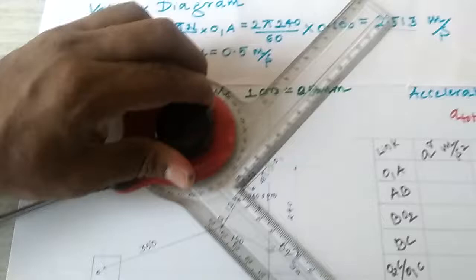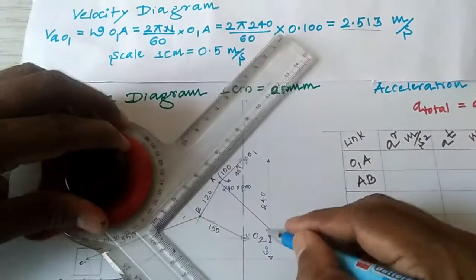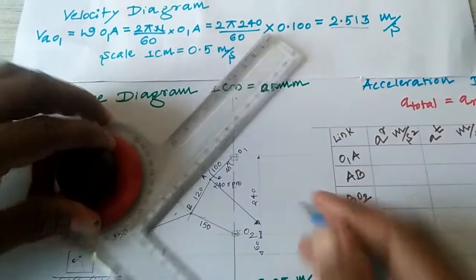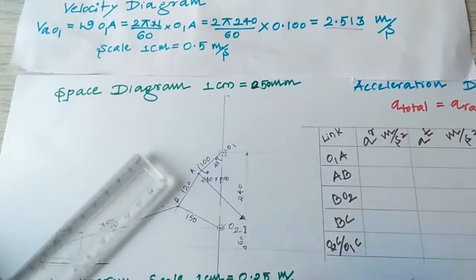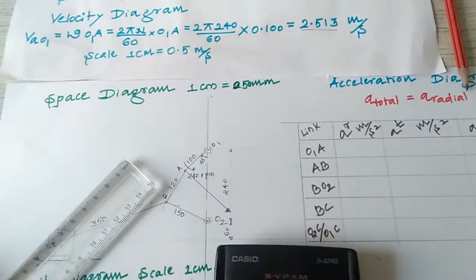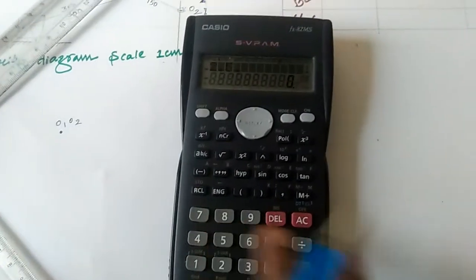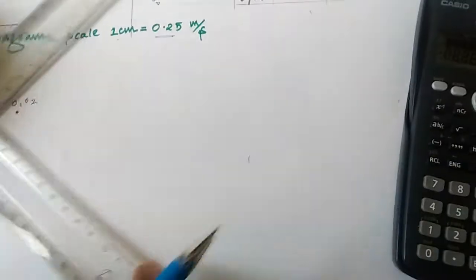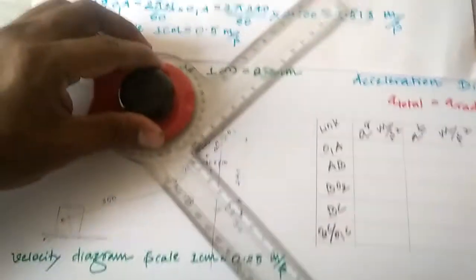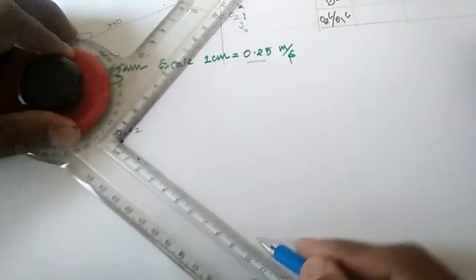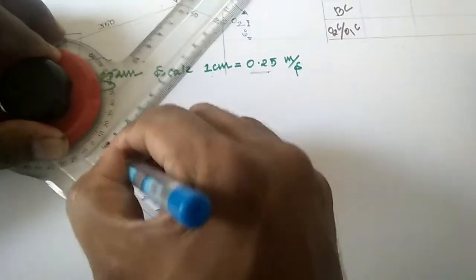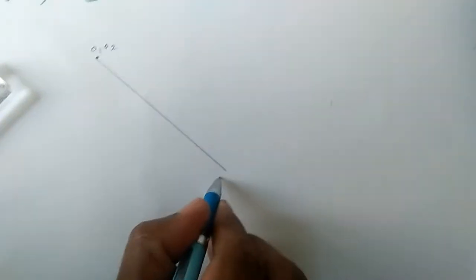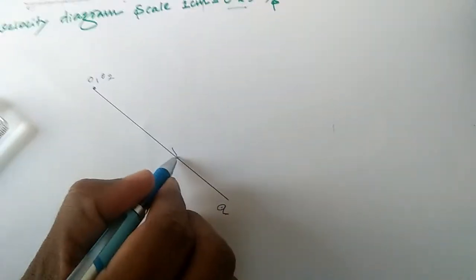The velocity is 2.5, divided by 0.25, which comes as 10 centimeters. I draw exactly perpendicular to this, 10 centimeters. You can see this is drawn as 10 centimeters. This is point A, and the direction is this way.